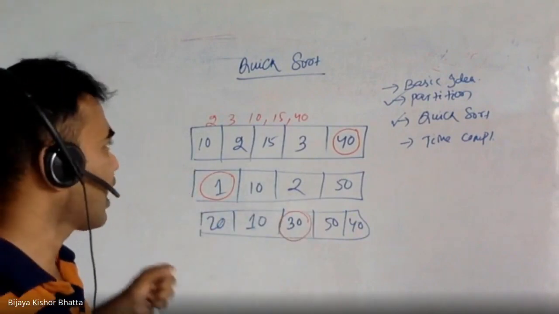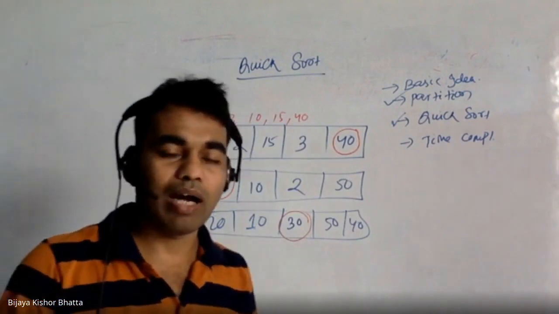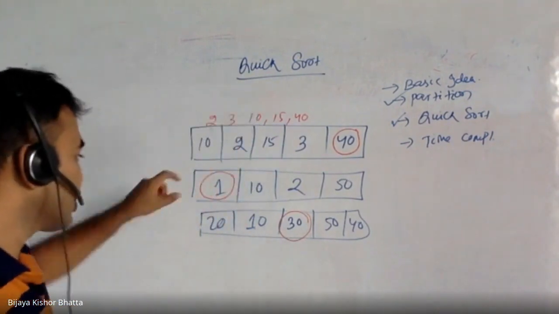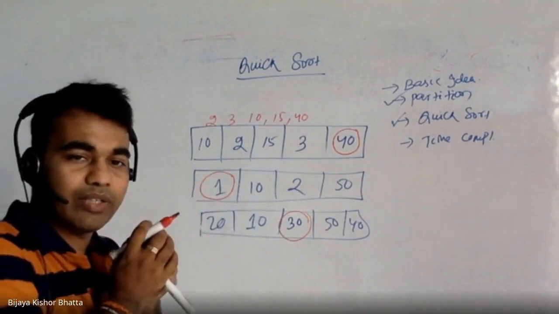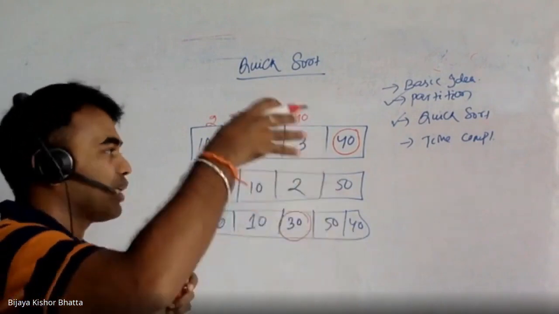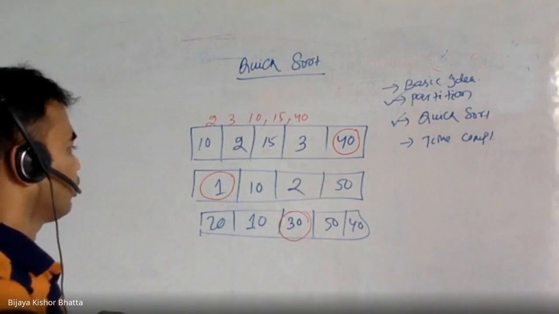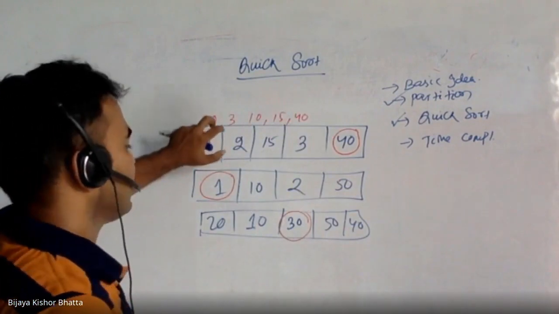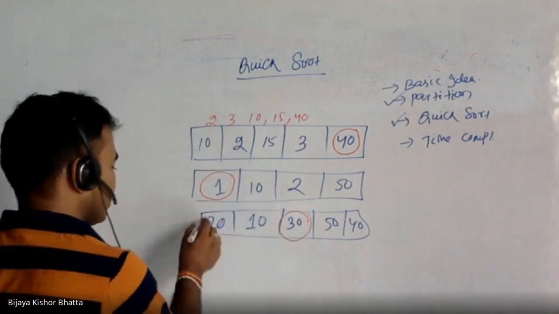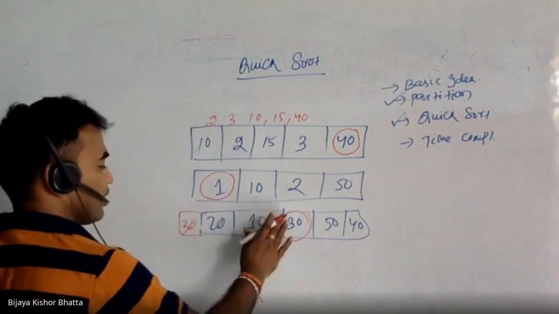So this is how quick sort will work. It will pick up an element and find its appropriate position. Let's take an example: let's find 30. Suppose 30 was initially here, I'm just giving an example.